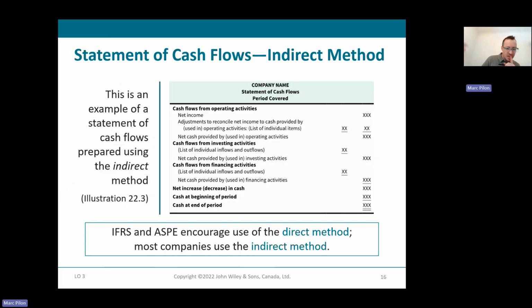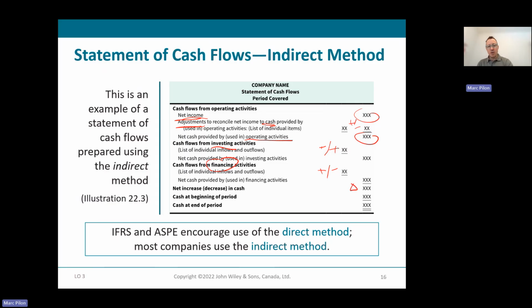The indirect method, so this is kind of what it looks like conceptually. We start with our net income here. We adjust for any non-cash items, plus or minus. We finish with our operating activities. Cash flows from investing, we have plus or minus any activities, plus or minus for financing activities.